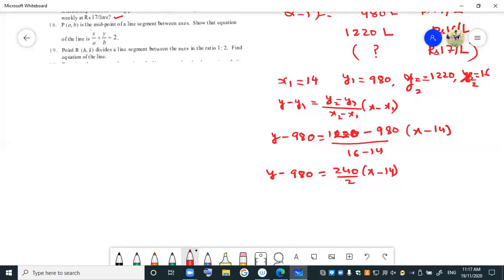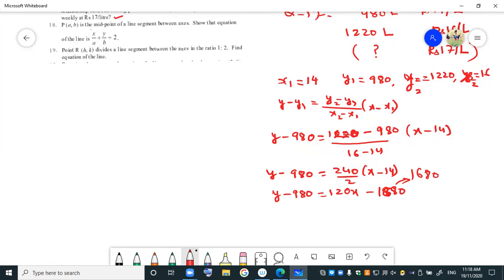240 divided by 2 is 120, so it will become 120 when multiplied inside. y minus 980 is equal to 120x minus 120 into 14, which will be 1680.